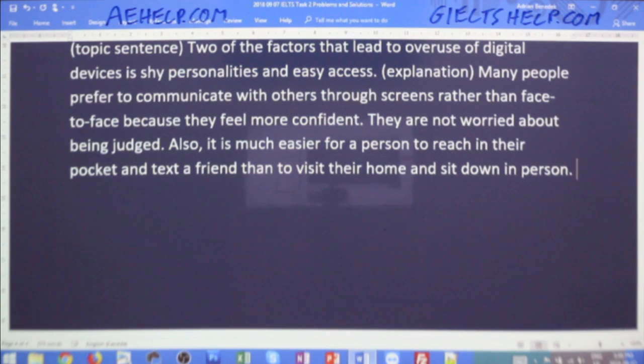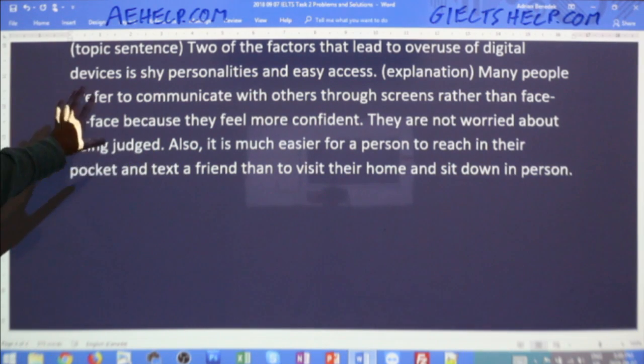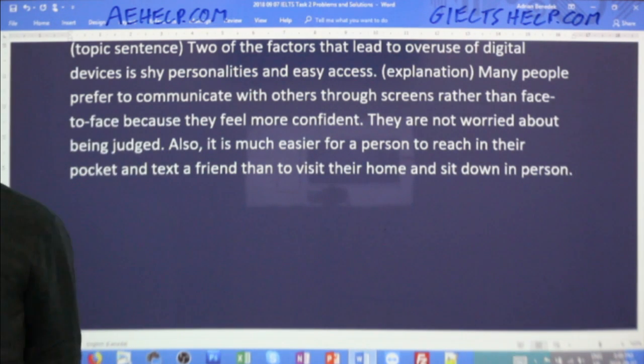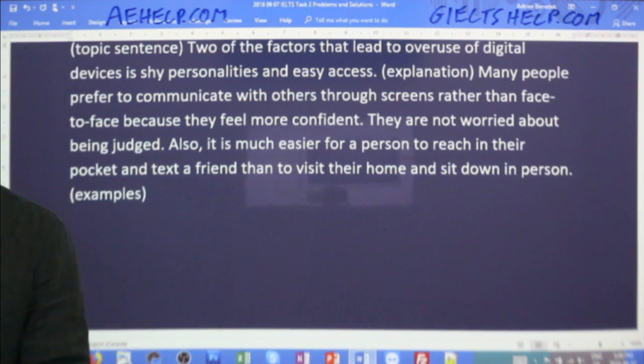So there is some quick explanation of those points. Now, of course, following is the examples. So I'll let you come up with those examples.